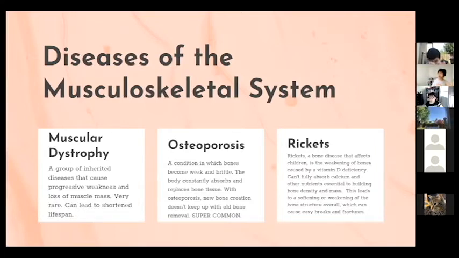Now, osteoporosis. You guys shouldn't be worrying about this one too much. It is super common. I think there are millions of cases per year, especially in senior citizens. My own grandma has osteoporosis, and what simply happens is that the bones become weak.